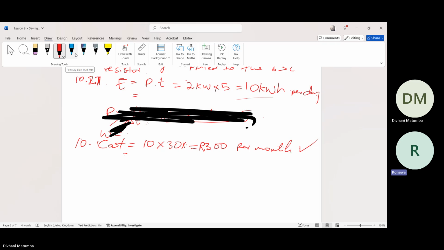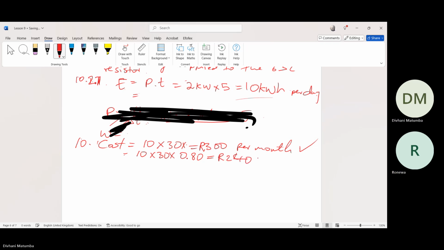I think they said it was 80 cents. Yes. So is it going to be 240 rand?